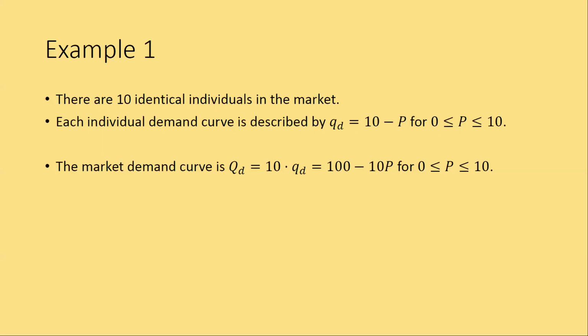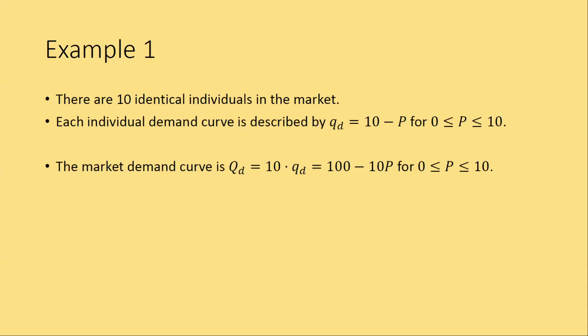If the price is negative, that might happen in reality, but it's not generally the interesting case. And if the price is larger than $10, then individuals will demand or consume 0 units of the good, rather than negative units of the good. So this relationship only holds for the price within the range of 0 to 10.